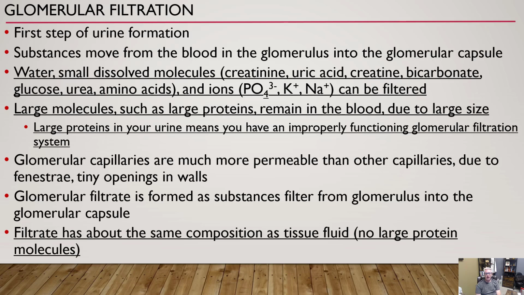Now, glomerular capillaries, if you go back to regular blood vessels versus glomerular blood vessels, the glomerular capillaries are more permeable than other capillaries. They actually have these things called fenestrae, which are tiny openings in the walls, and they allow more substances to cross over or be filtered out from the capillary bed into the Bowman space.